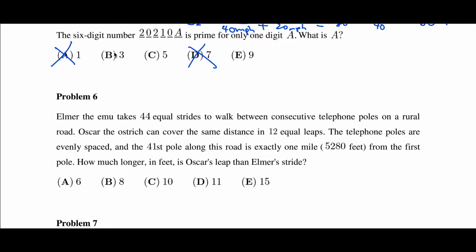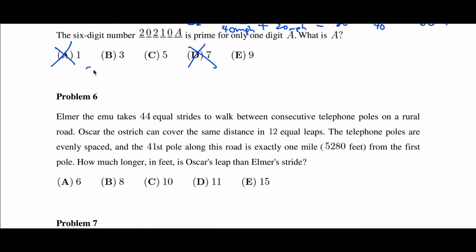And now for 3, for this one, we can apply the divisibility rule of 11. For 11, it is the alternating sum. What I mean by alternating sum is the first digit minus the second digit plus the third digit minus the fourth digit, and so on and so forth.